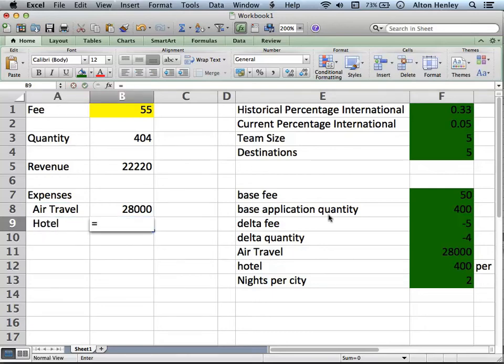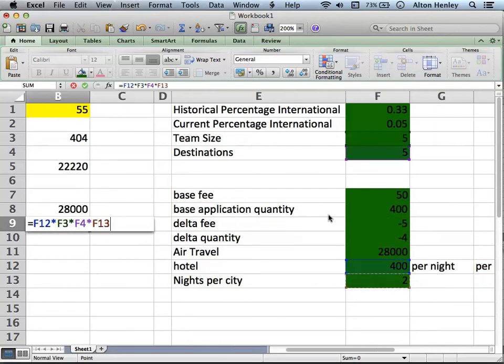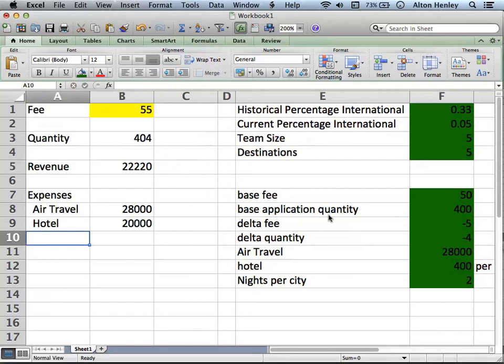So the hotel is equal to the amount of the hotel cost times the number of people times the number of destinations times the number of nights per city. So the total cost for accommodations was $20,000, and she doesn't have any other expenses.